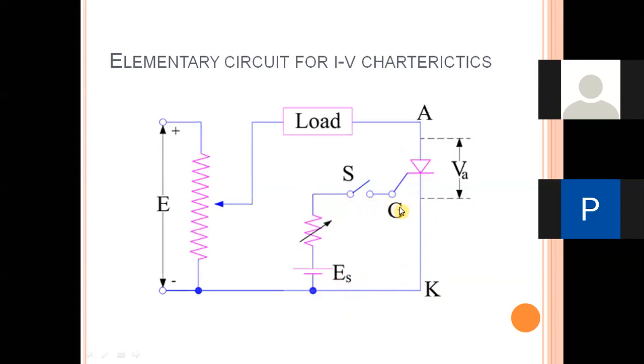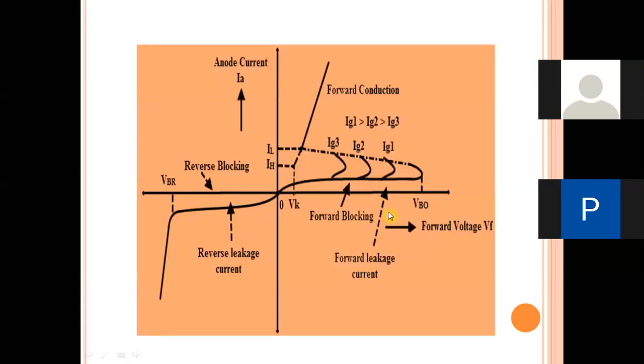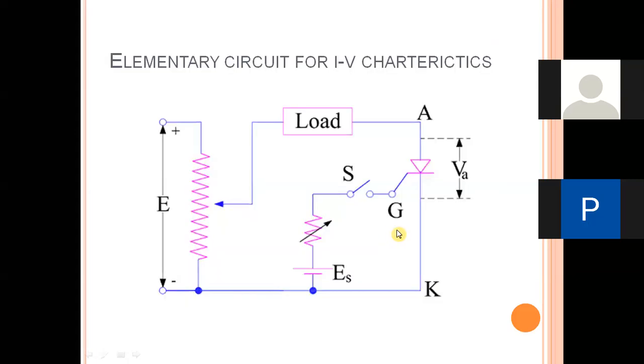Whenever the circuit is closed, a small amount of current is injected onto the gate terminal. Whenever a small current is injected onto the gate terminal, the device comes to conduction.